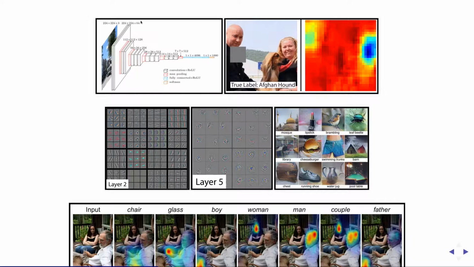The first two dimensions represent the width and the height of the layer, and the final dimension, in this case 64, represents the depth of the layer. For convolutional layers, the depth specifies the number of filters that we're learning.